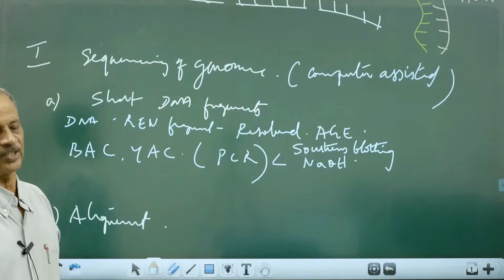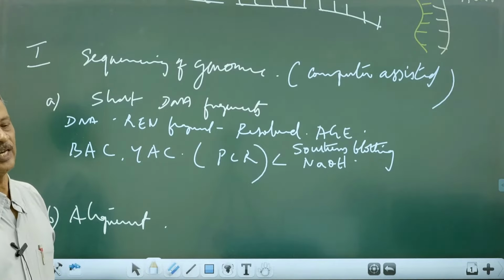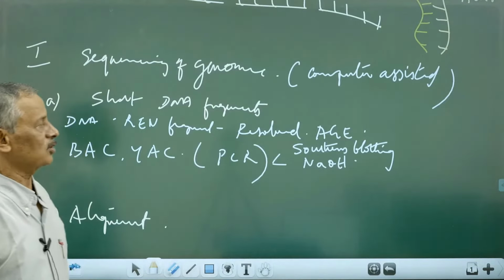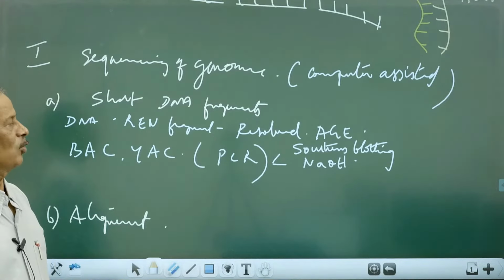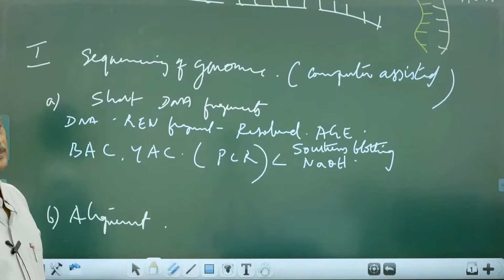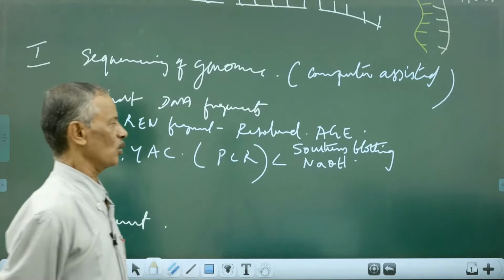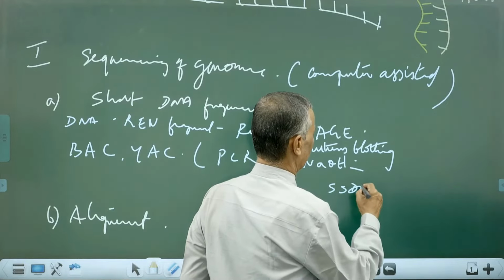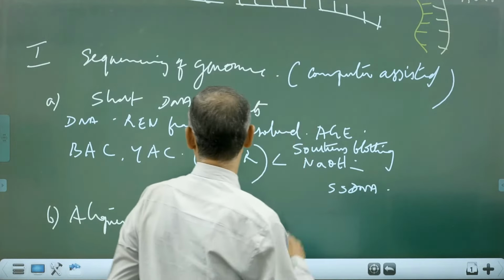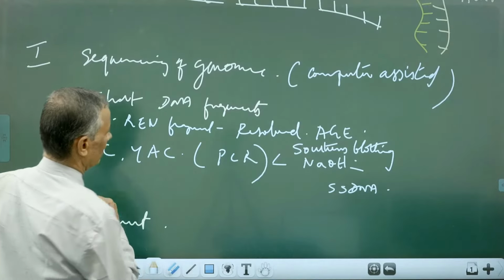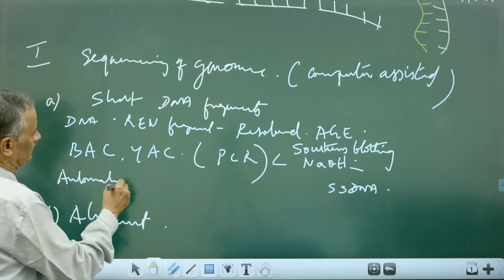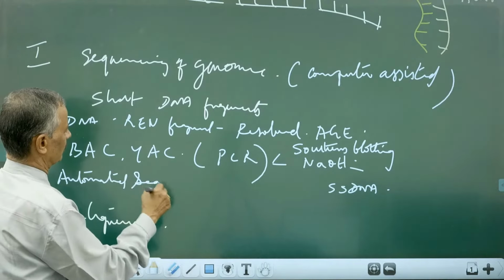Southern blotting is a technique for transferring the DNA pieces from the resolved agarose gel electrophoresis to nylon paper and then treat with sodium hydroxide so that they become single stranded DNA, and then that single stranded DNA was given to automated sequencing machines.